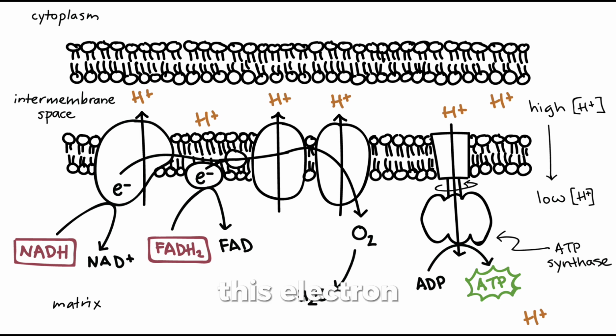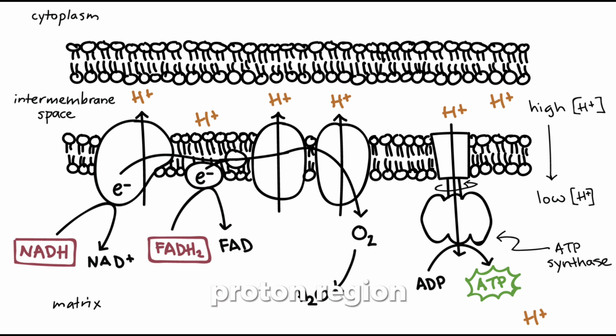This electron transfer pumps protons, H+, from the mitochondrial matrix into the intermembrane space, creating a proton gradient. Oxygen acts as the final electron acceptor, forming water.